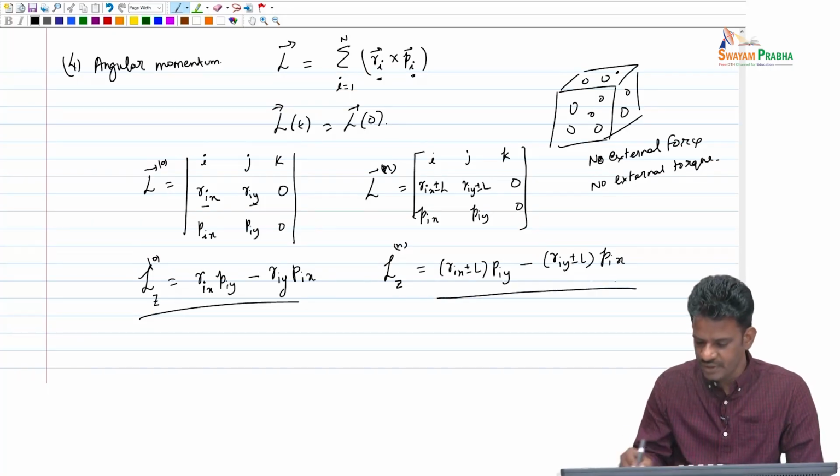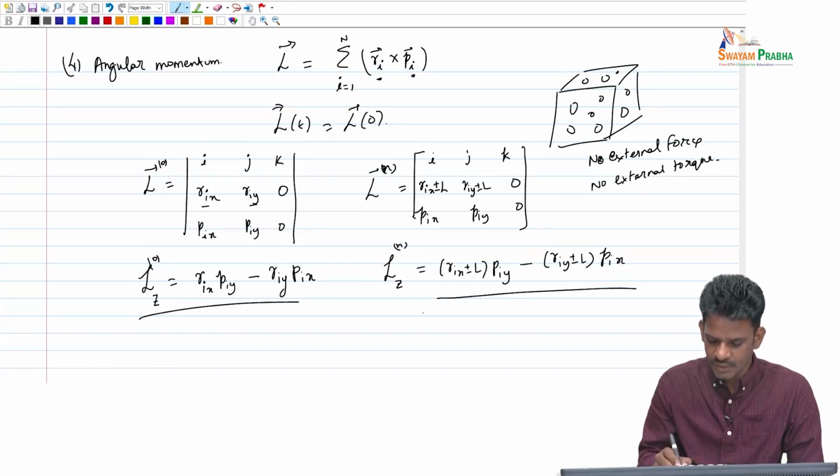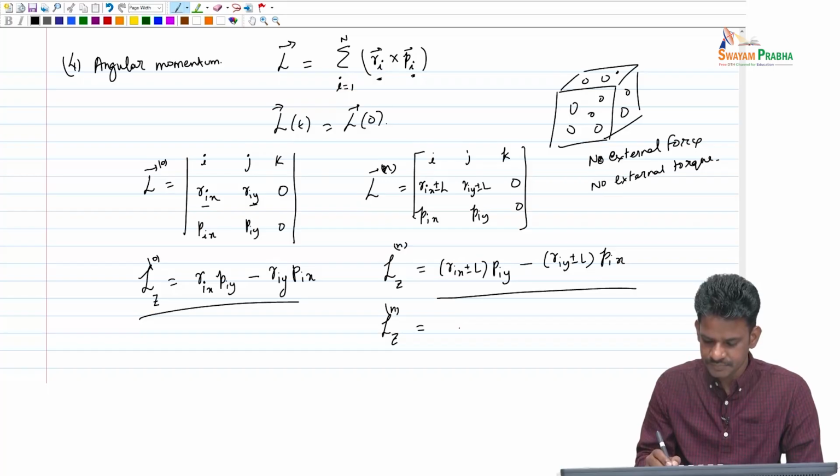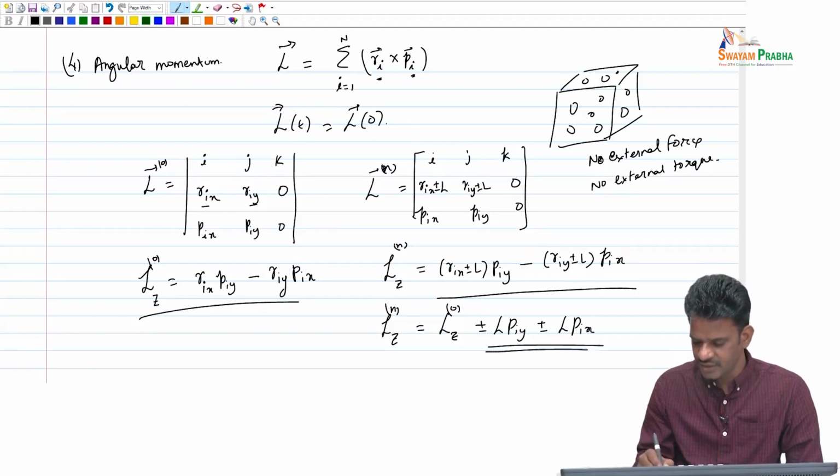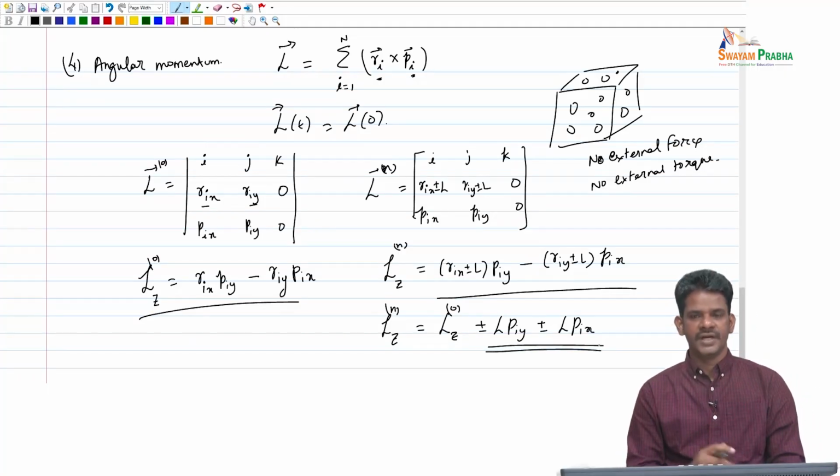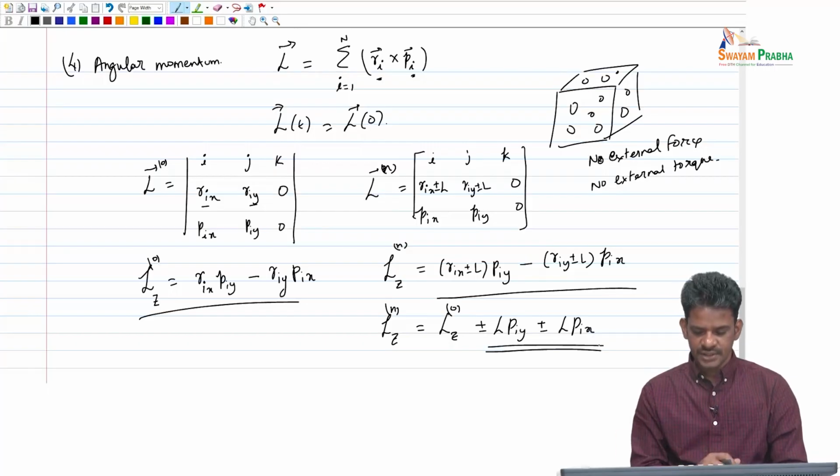If you compare these two quantities, you can see that the new angular momentum becomes the old angular momentum plus or minus L times p_iy and plus or minus L times p_ix, and this is the extra term that is added whenever we apply periodic boundary conditions in the system.